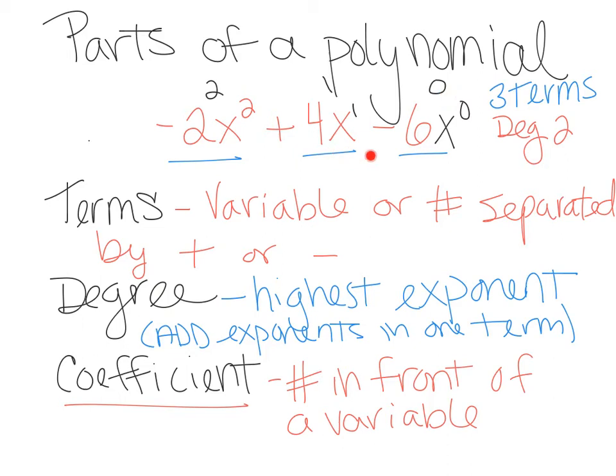So negative 2x squared plus 4x minus 6. This one is in standard form, and the coefficients are negative 2, 4, and negative 6, so you're taking the sign with it. That's a good note to write down. You take the sign with it.